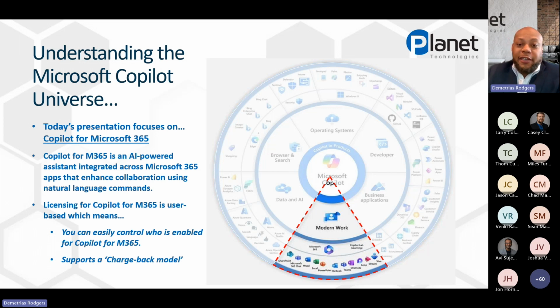Prior to joining Planet, I was actually a customer. I was the Chief Operating Officer, and prior to that, Deputy Chief Operating Officer for the Commonwealth of Virginia's centralized IT agency, VITA, where I was responsible for running all IT for all executive branch agencies. I was a Planet customer then, and I'm a Planet employee now. So just wanted to give you a little bit of background about myself.